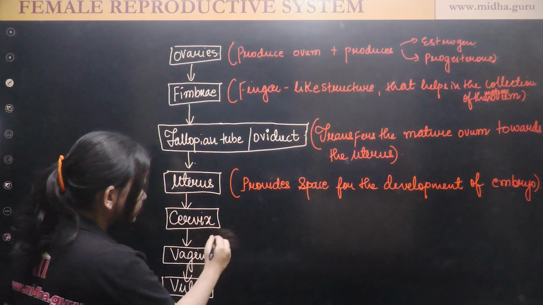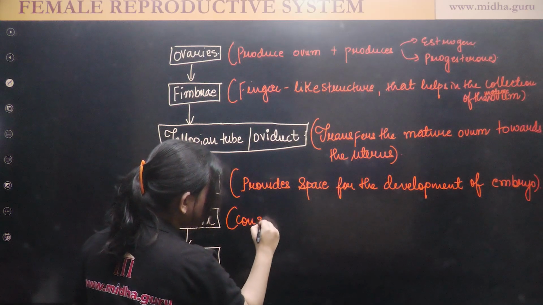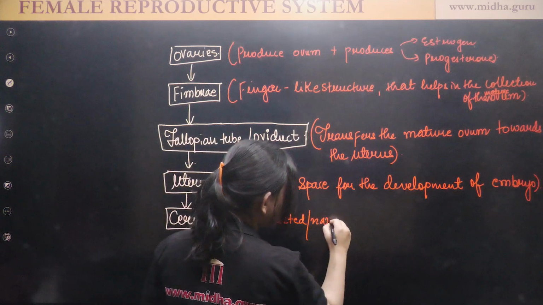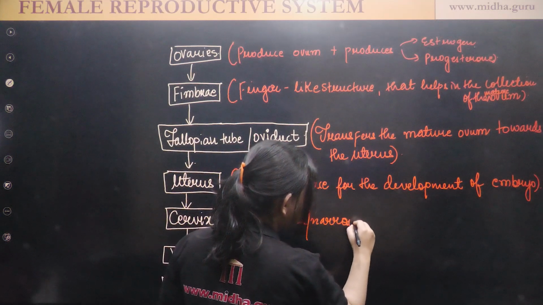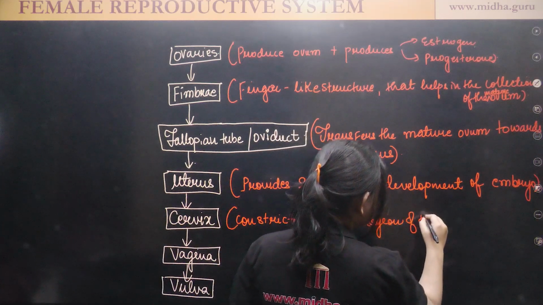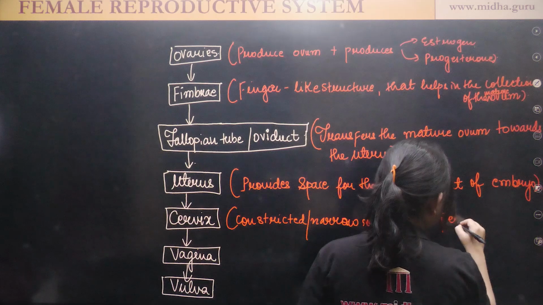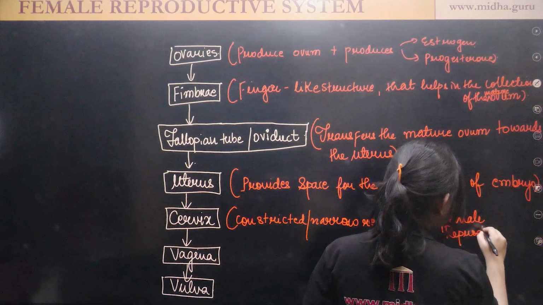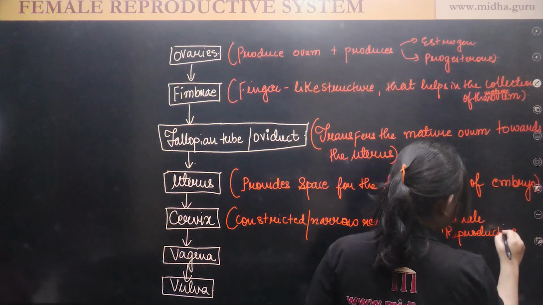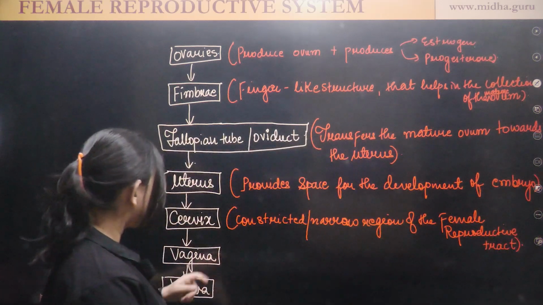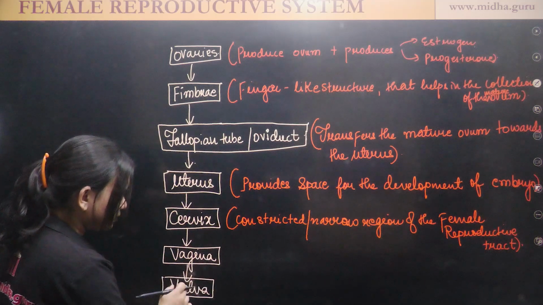Next we have the cervix. This is the constricted or narrow region of the female reproductive tract. Next we have the vagina, and finally the vulva.